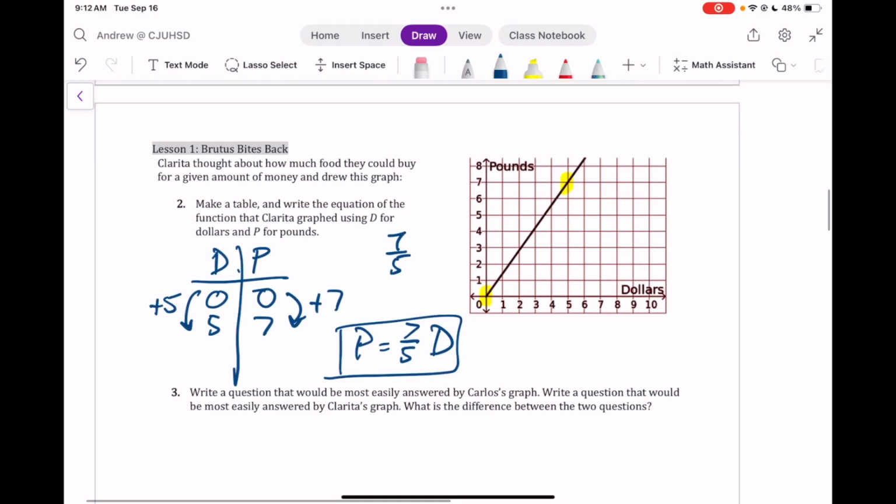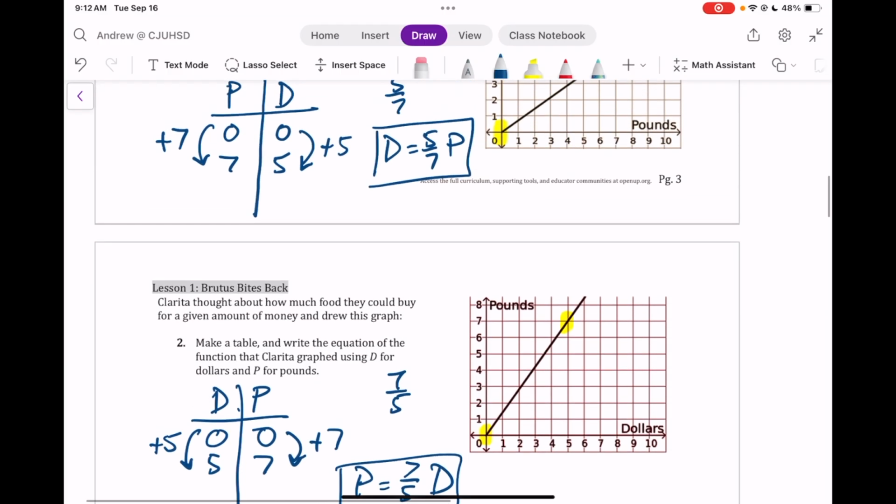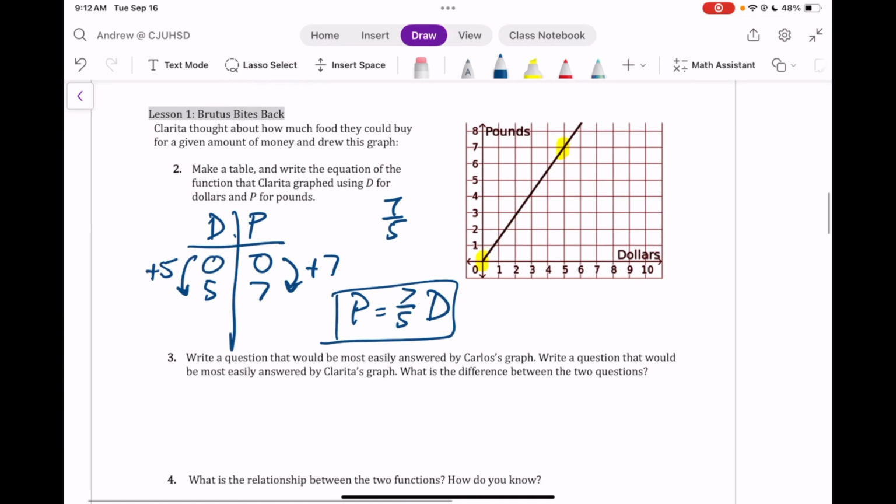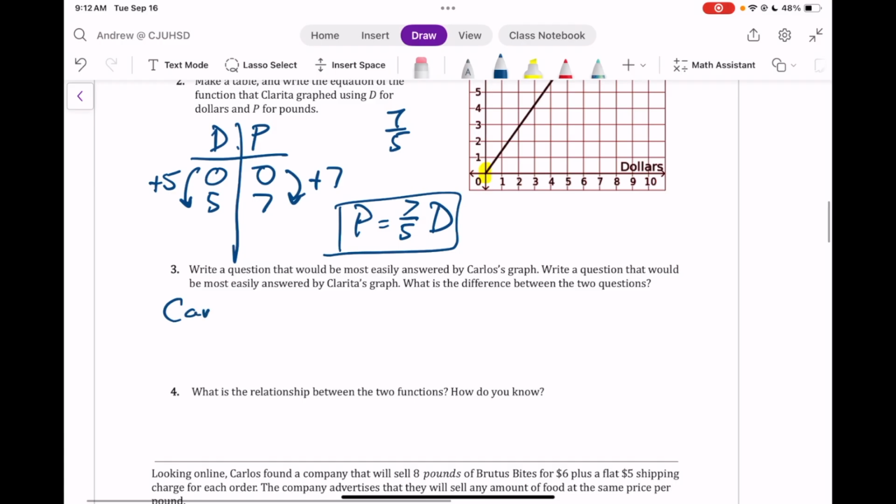Okay, so a question answered by Carlos' graph would be for a given number of pounds, how much does it cost? So you could say, for Carlos, how much does, say, 3 pounds cost? I'm just making up the number of pounds.